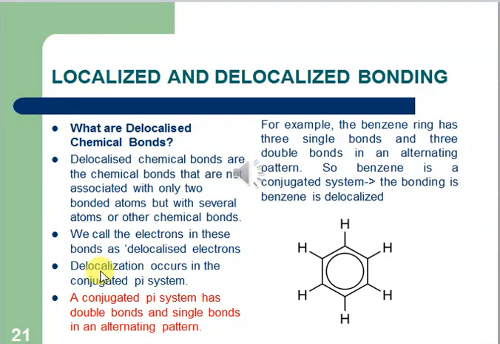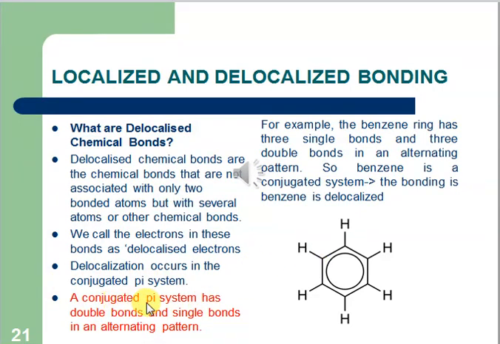Whenever delocalization occurs, it always occurs in a pi conjugated system. The conjugated pi system, or simply conjugated system, is a system in which there are alternate double and single bonds. Whenever you have a double bond, then a single bond, then a double bond, and then a single bond, such a system is known as a conjugated pi system.